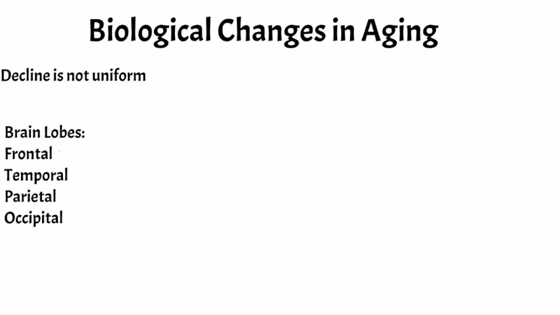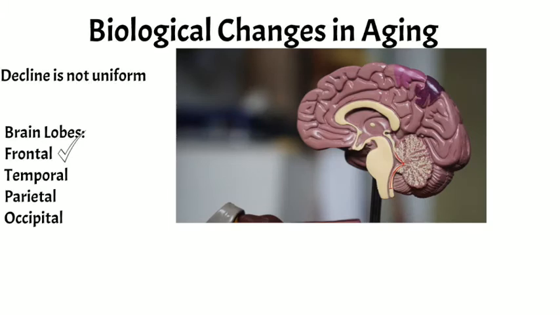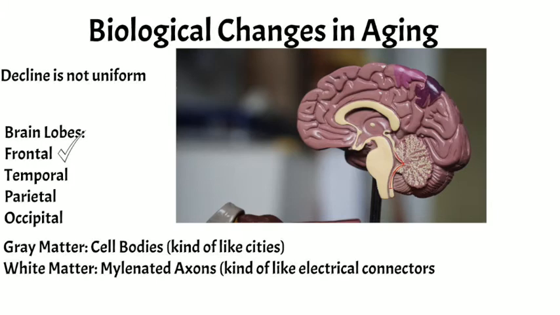The frontal lobe, which is involved in decision-making and higher order activities, is the area that shows the greatest decline. The frontal lobe is disproportionately affected relative to the temporal, parietal, and occipital lobes. And lots of research shows this. You can look at volume based on MRI.